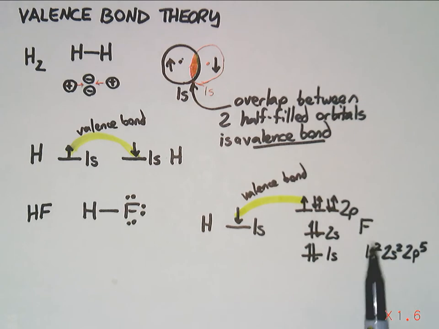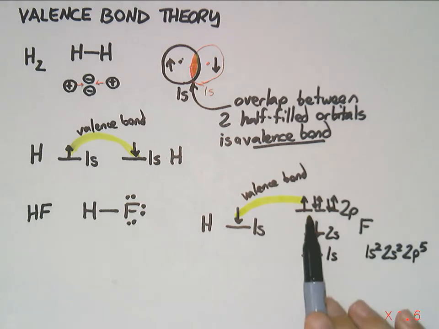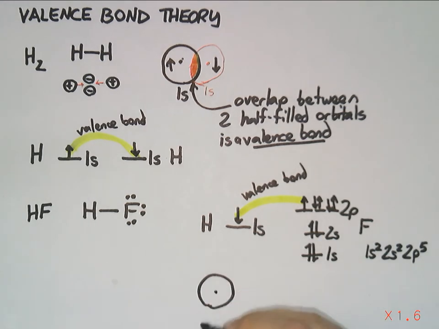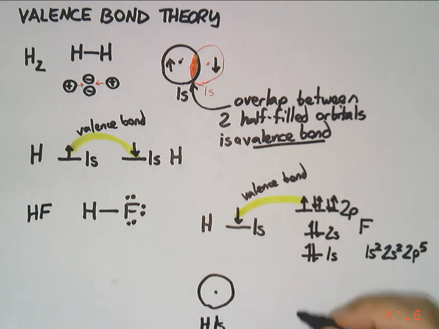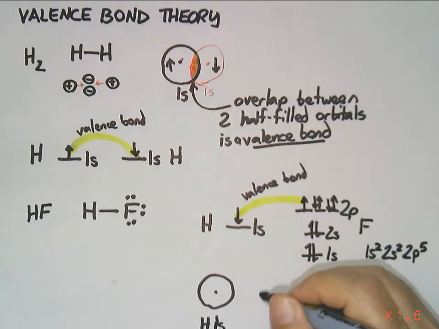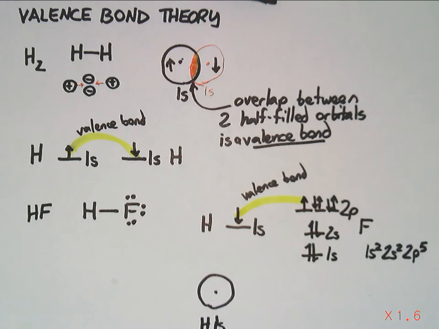Now it looks like it's going to be an overlap between a 2p orbital and a 1s orbital. Let's draw that. Here's the hydrogen 1s orbital. And let's draw just the fluorine 2p orbital. Let me do it in a different color.